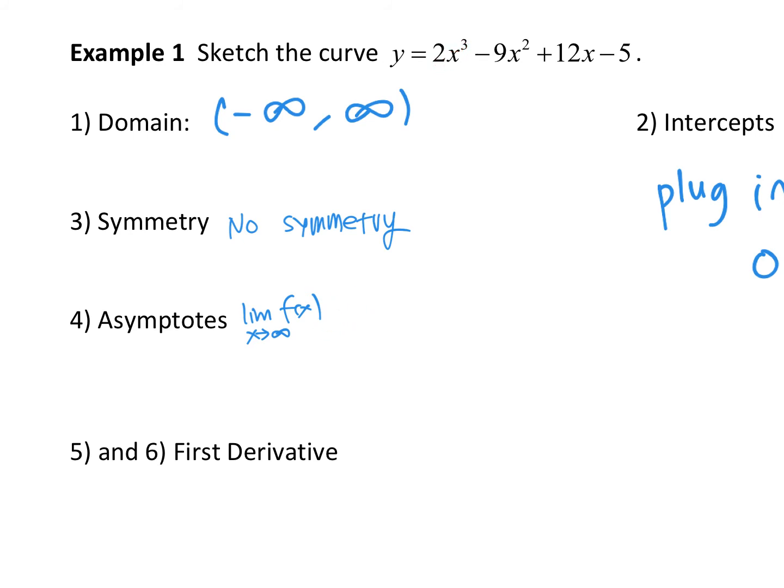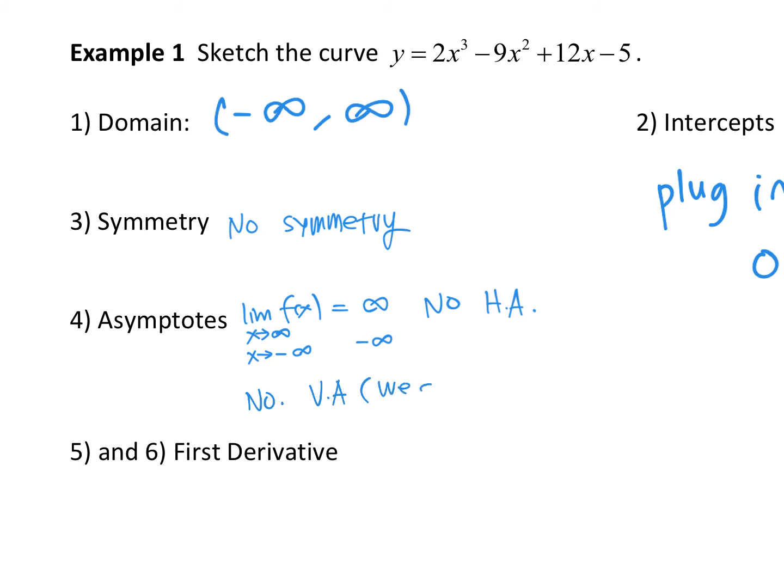And if you let x go to negative infinity, it goes to negative infinity because it's determined by the highest power. So no horizontal asymptote. And a vertical asymptote doesn't exist either, because I don't have a zero denominator. So no vertical asymptote.